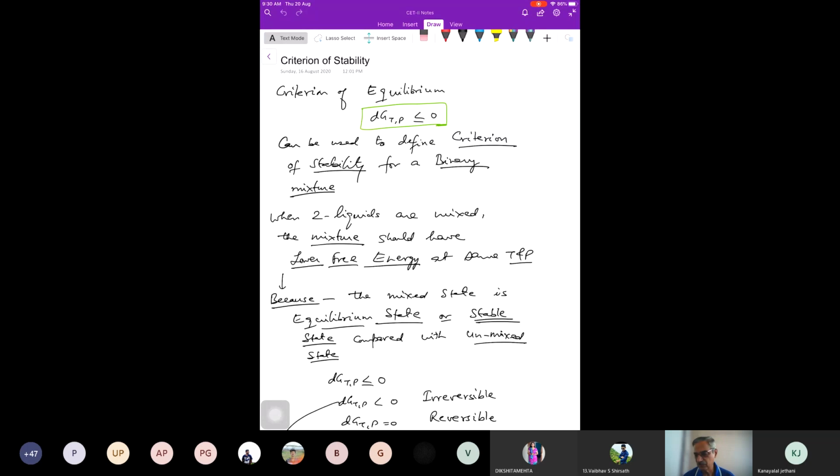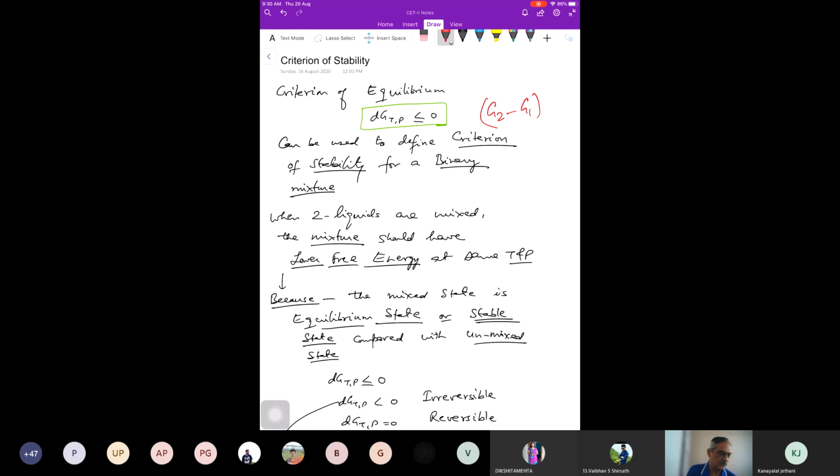That means dG is what? When I go from state 1 to state 2, that is dG, right? If I go from state 1 to state 2, what is the value of free energy? If it is G1 and G2, so dG is nothing but G2 minus G1. So the mixture should have lower free energy at same temperature and pressure.